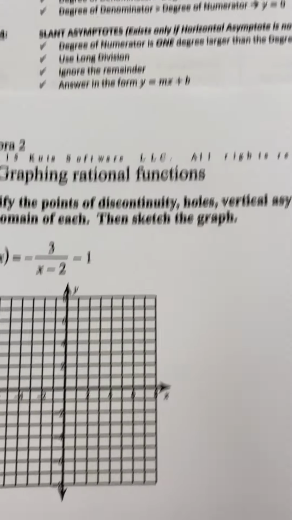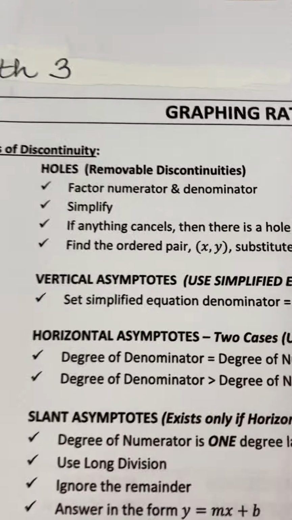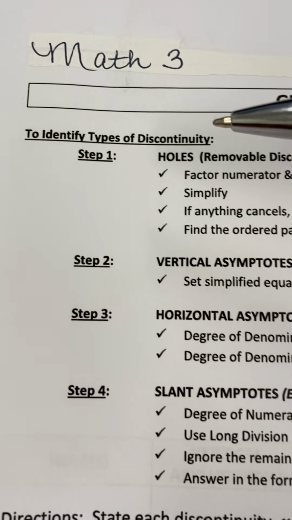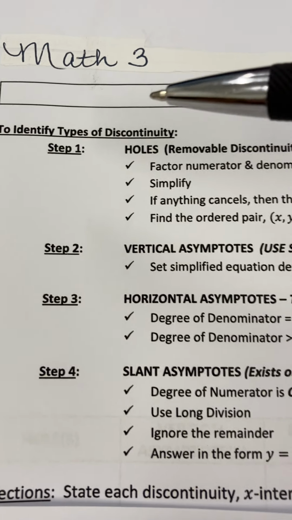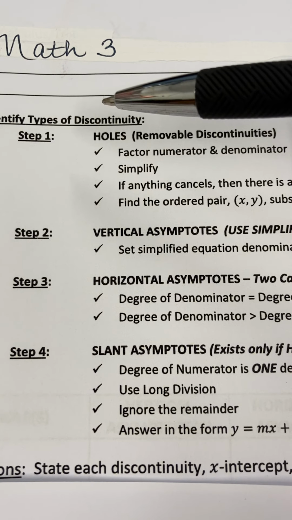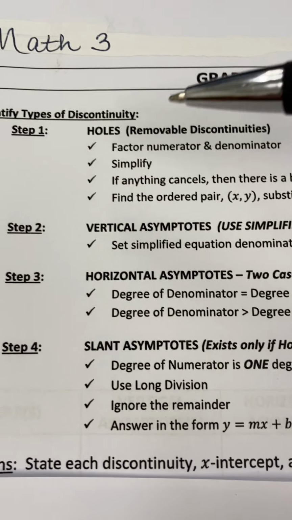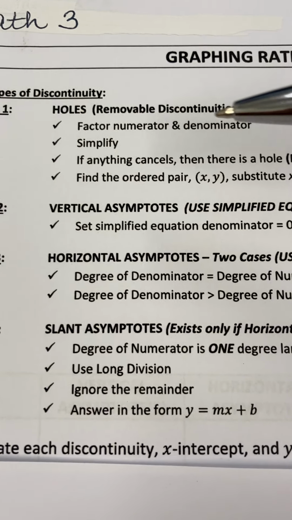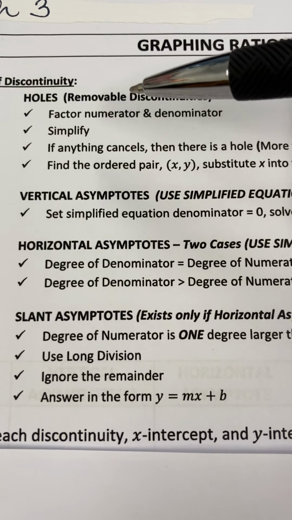All right, first of all, and I will have this on your Google Classroom, you're going to be asked where there are holes, so identify the types of discontinuity. Continuity means it's continuous, so discontinuity would mean where it's not continuous. Sometimes there are actually holes in the graph, and it tells you what you need to do.